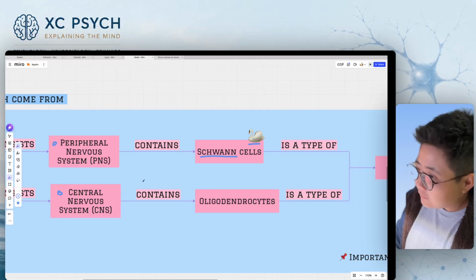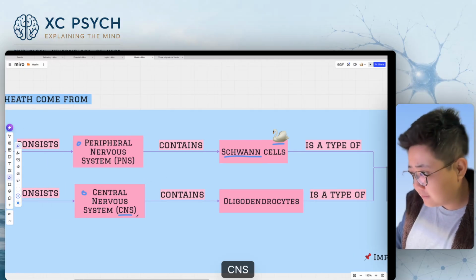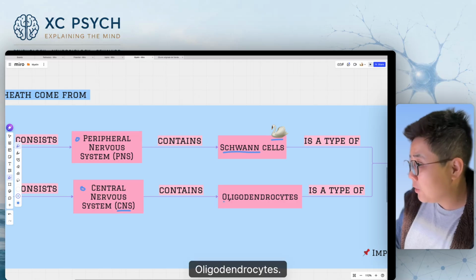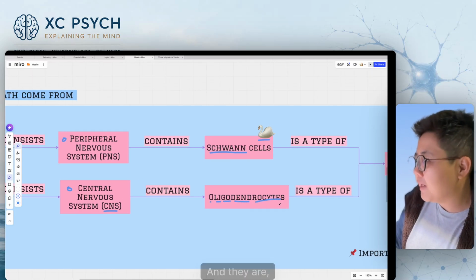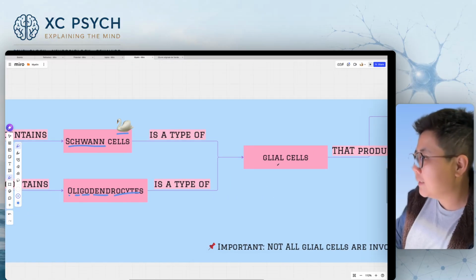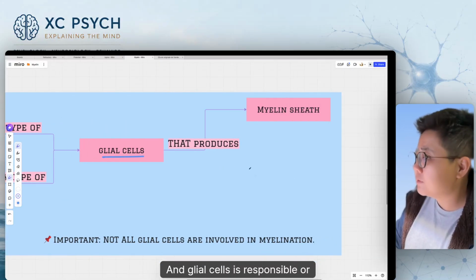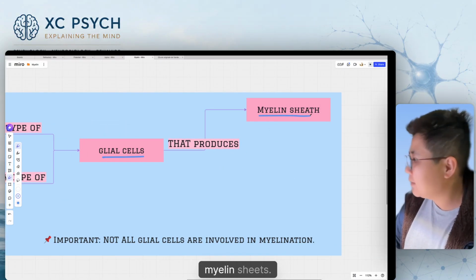And the central nervous system, CNS, contains, wait for it, oligodendrocytes. And they are both a type of glial cells. I think there is an I somewhere. Anyways, glial cells are responsible for producing the myelin sheaths.